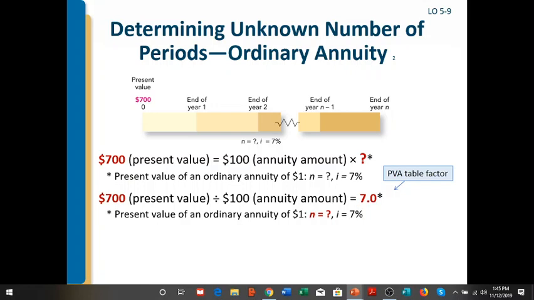You know your interest rate is 7%. And if you look down in the 7% column at year 10, you've got 7.02358. What this tells you is that your payments will run right around just under 10 years.